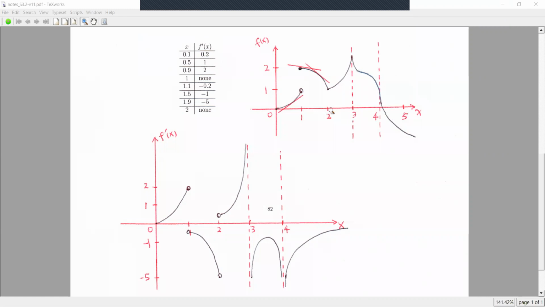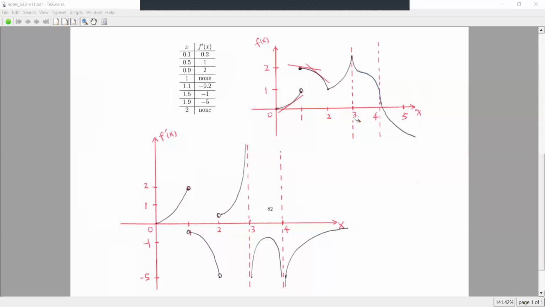Therefore, between 2 and 3, the derivative is positive everywhere. When x is close to 2, the tangent line there is quite flat. So when x is close to 2, the derivative is small. But when x is moved away from 2, the slope of the tangent line is increasing.